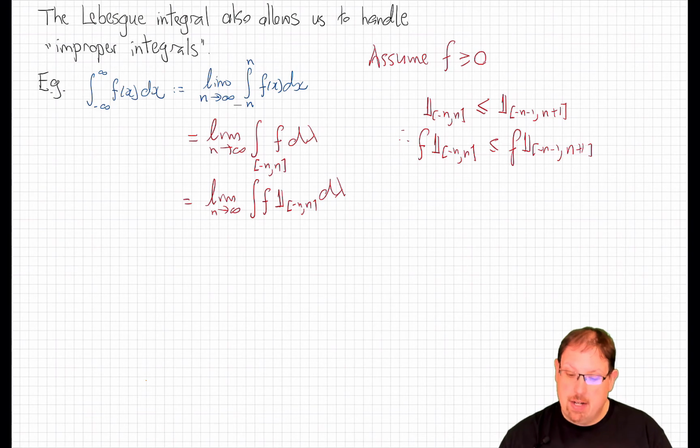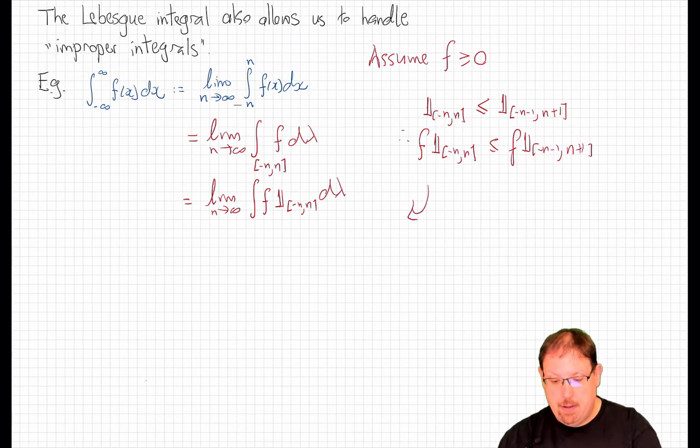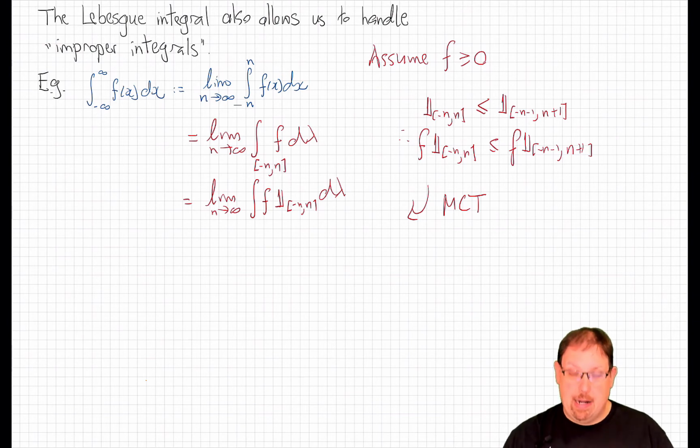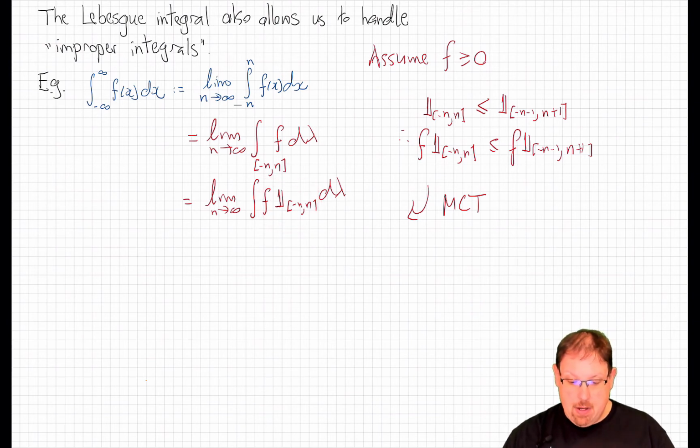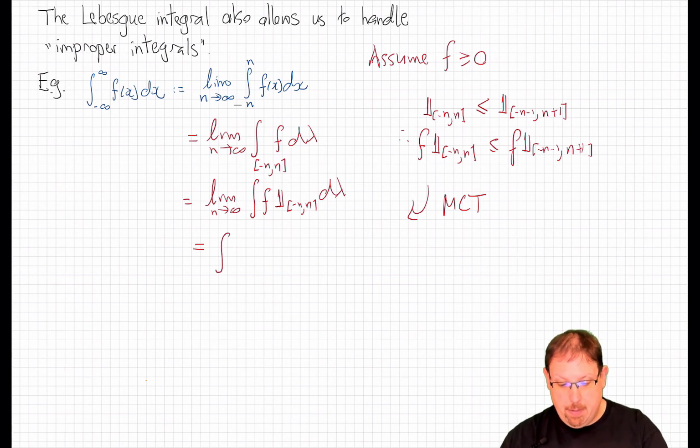And now we've set ourselves up nicely for the monotone convergence theorem. Because I now have a sequence of non-negative measurable functions inside here that are increasing, and therefore by the monotone convergence theorem, the limit of their integrals will be equal to the Lebesgue integral of their limit.